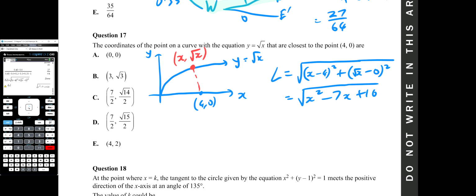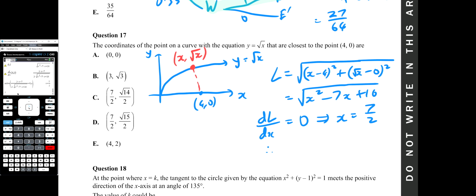Okay, so now we want to find the closest point. We just find the derivative, equate it to 0, and then we'll get the x value. Doing this all on the calculator, shift minus ddx of L of x, menu 3, 1, take the derivative, equate it to 0, comma x, and we get x equals 7 over 2.